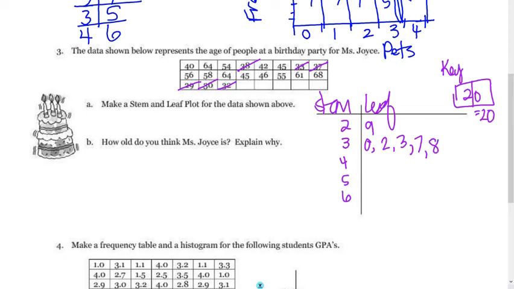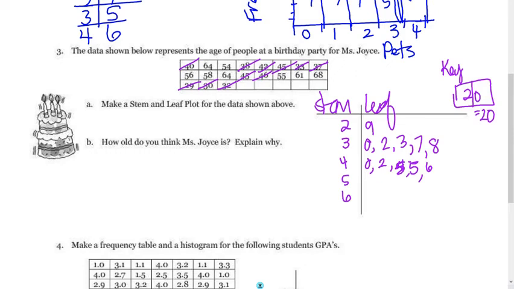For 40s, I have a bunch of them. So I think 40 is the smallest. There's no 41, but there's a 42. 2 45s. So 45, oops, that should be a 5, 2 45s, and a 46. That's my biggest 40.